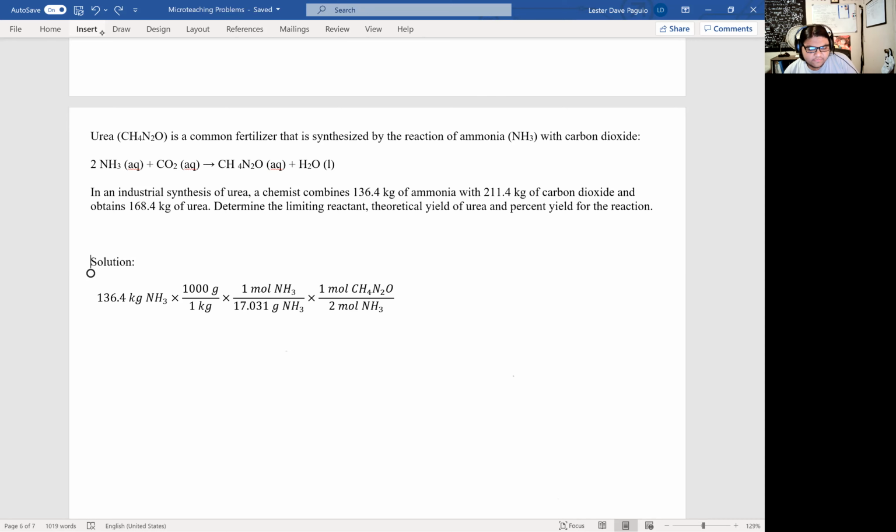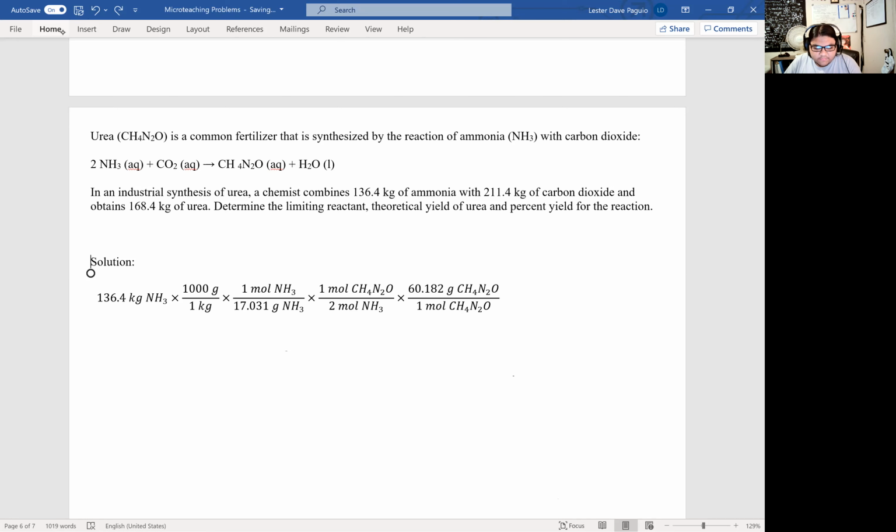So the ratio for urea to ammonia is 1 mole of urea for 2 moles of ammonia. Now we have the moles of urea. We would then need to convert from moles of urea to grams of urea.